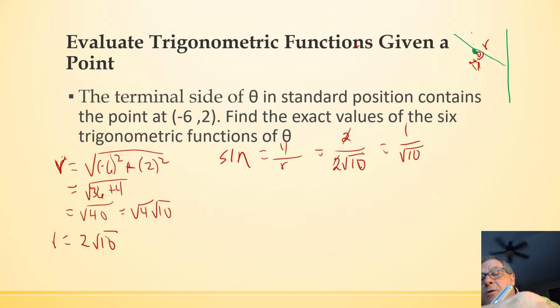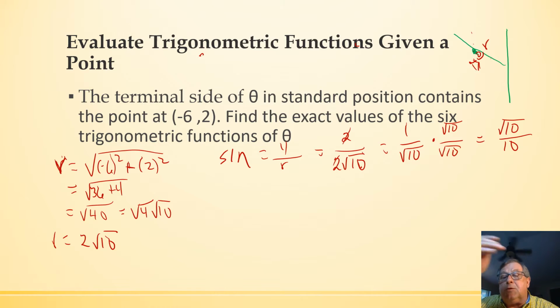But mathematicians don't like that radical in the denominator, so we're going to rationalize it by multiplying by the square root of 10 over the square root of 10. And then once we do, we end up with the sine being the square root of 10 over 10. 10 times 10 is 100, and the square root of 100 is 10. So there's our sine.